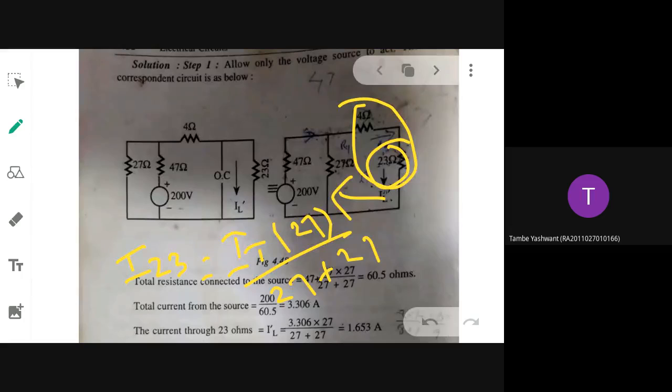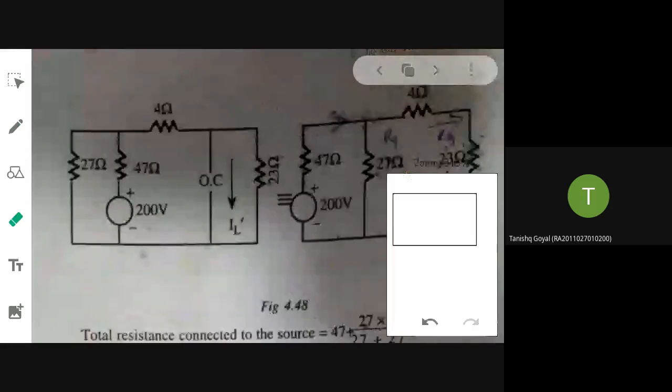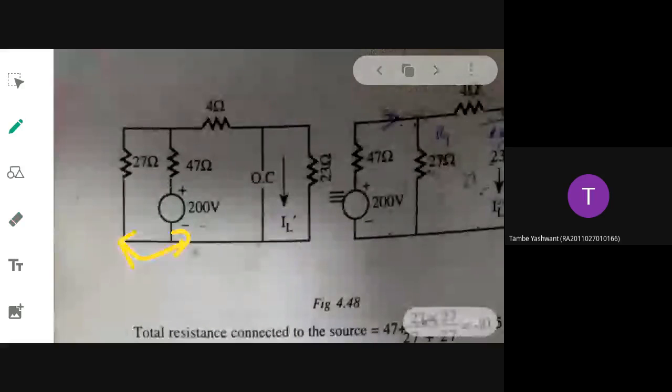Ma'am, I have one doubt. Gaurav, what? Ma'am, how the voltage source came to the left side in this second circuit? I will just interchange only. If I interchange same node connection only, I can do the interchange. You are asking how I interchange these two branches? They are connected same node combination only.